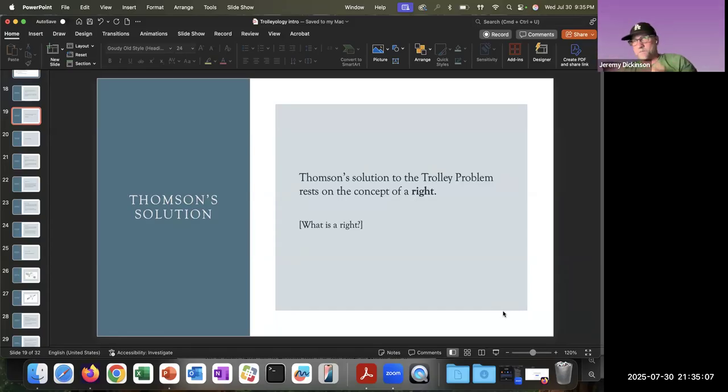I developed the example just a moment ago to try to give you a sense of what a right is. It's a claim that someone has to something, which might not be initially too helpful in thinking about it, but we tend to think that we have natural rights and political rights.